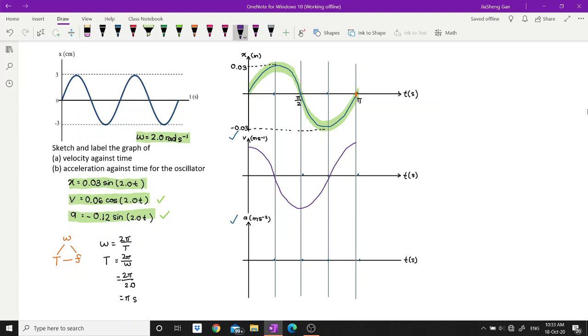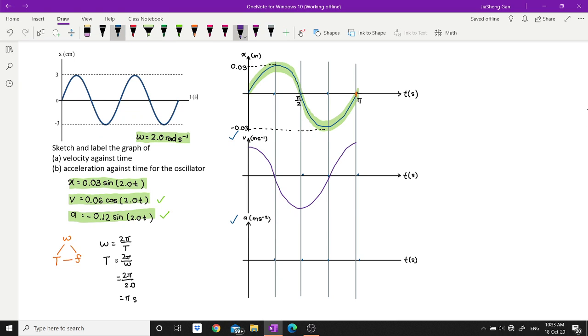So this will be a cosine graph and this is one complete oscillation. You go from the maximum upward displacement, go to the maximum downward displacement, then come back up to the maximum upward displacement. One complete oscillation.